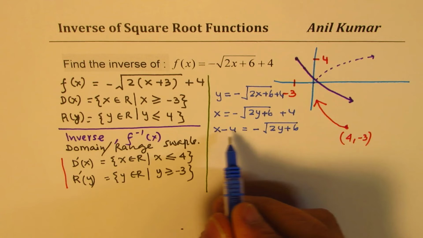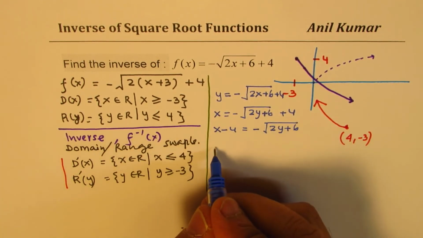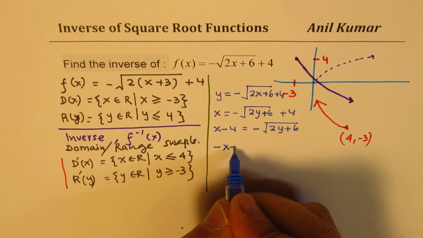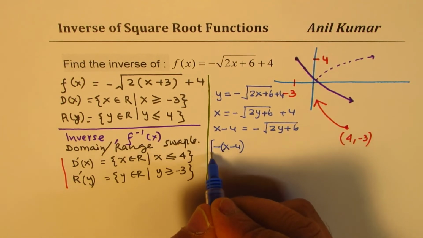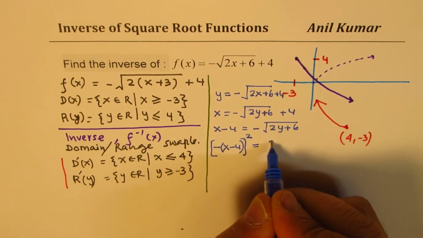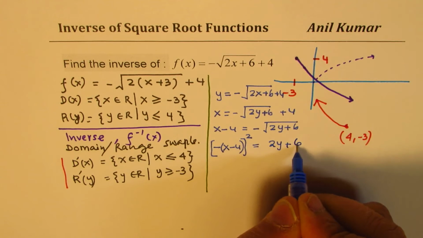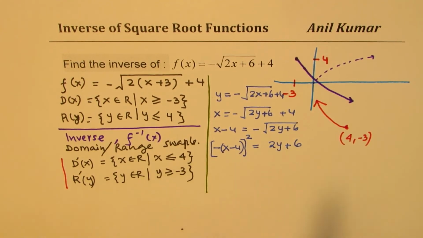Now the minus will go to this side, and then we square, since this is a square root. So we do minus of x minus 4, and then square it. And what we get here is 2y plus 6. Clear?